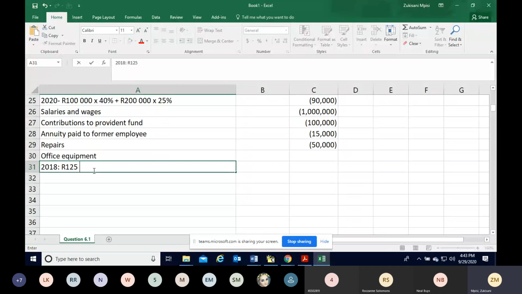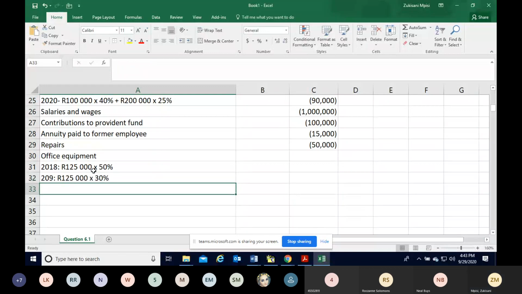So you would have 125,000 multiplied by 50% in this year. And then you would have 2019, which would have been 125,000 multiplied by 30%. And then you would have 2020, which is the current year that we are in, which would be 125,000 multiplied by 20%.